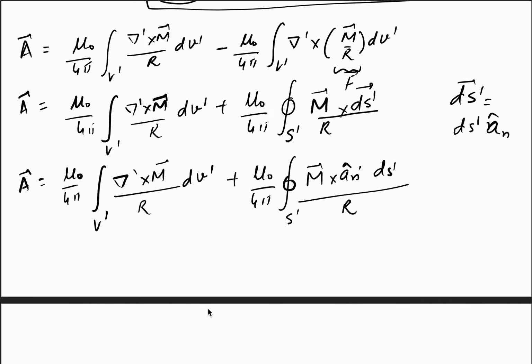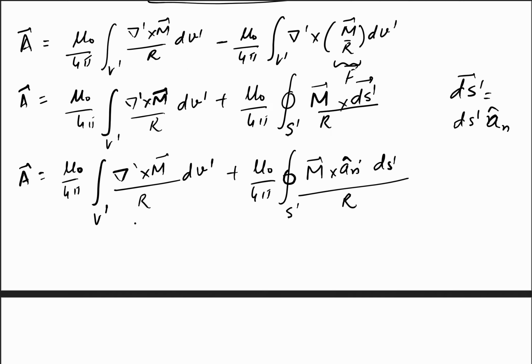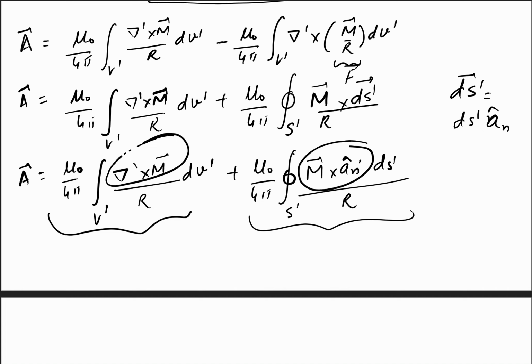Now you see that from the vector Poisson equation, this is equivalent to a solution with a volume current density equal to this and a surface current density equal to this.